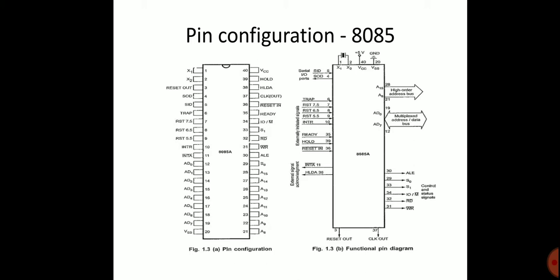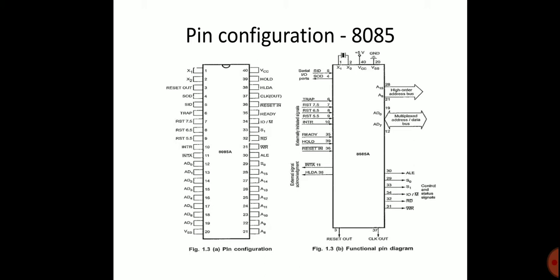And X1 and X2, that is pin number 1 and 2, a tuned circuit like LC, RC or crystal is connected at these 2 points. The internal clock generator divides the oscillator frequency by 2. Therefore, to operate a system at 3 MHz, the crystal or tuned circuit must have a frequency of 6 MHz. Is it clear?